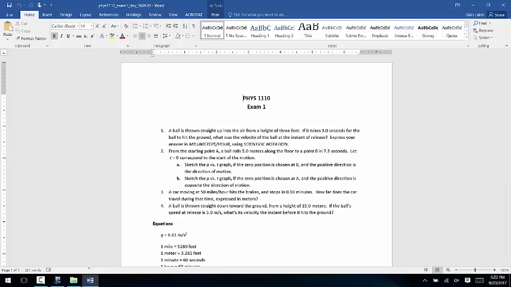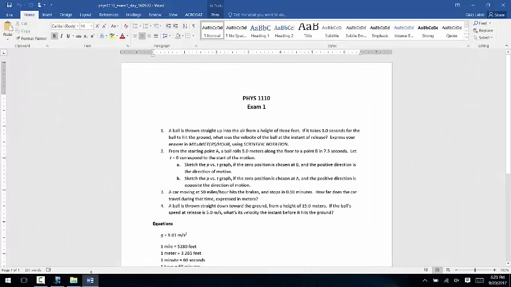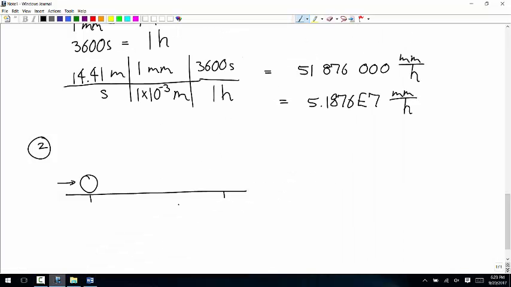from the starting point A, a ball rolls 5 meters along the floor to point B in 7.5 seconds. Okay, so the ball's rolling this way. The distance is 5 meters.